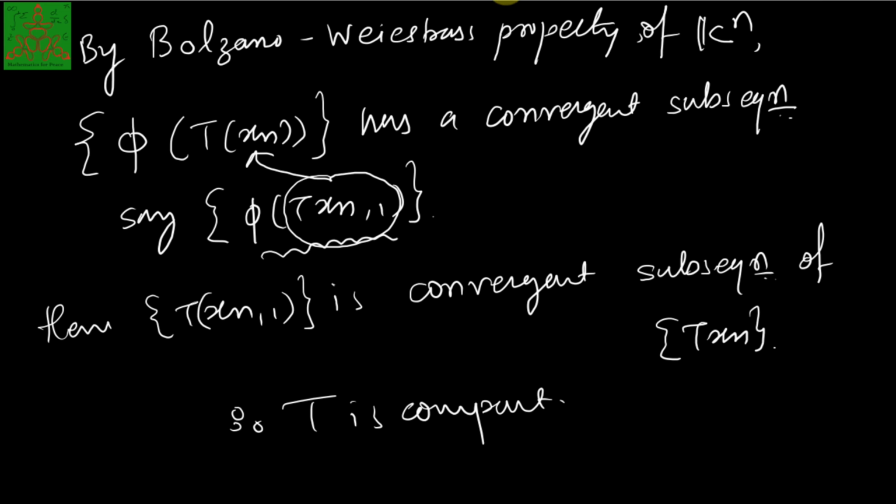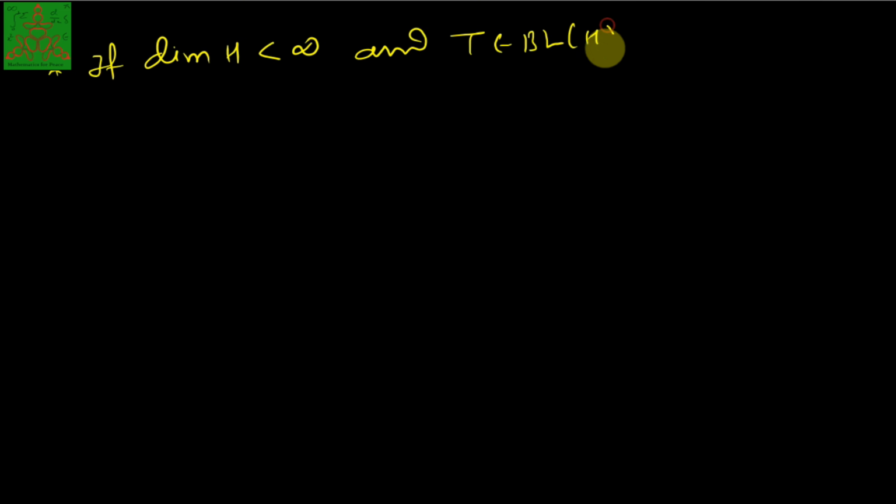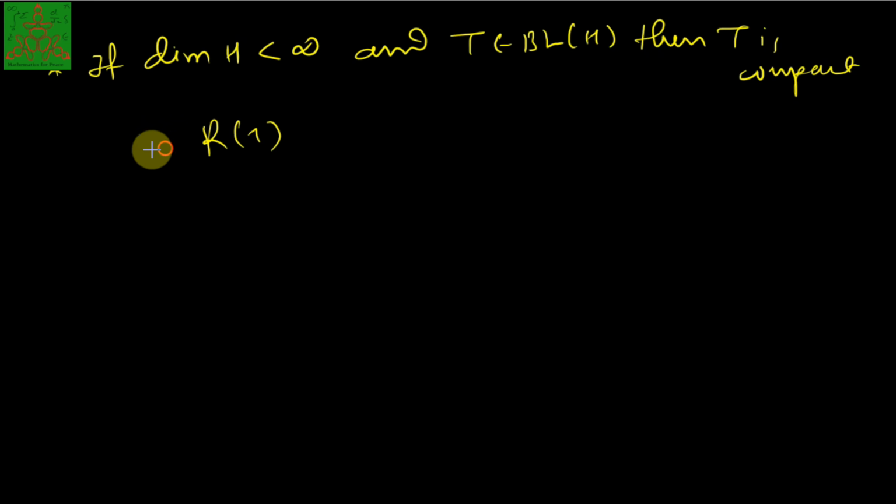This we can write as a remark: if the dimension of H is finite and T belongs to BL of H, where BL of H stands for the set of all bounded linear operators defined on H, then T is compact. The dimension is finite, the range space is also a finite dimensional space, so therefore T is compact by the previous result.